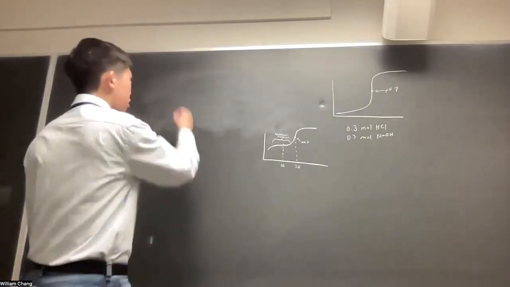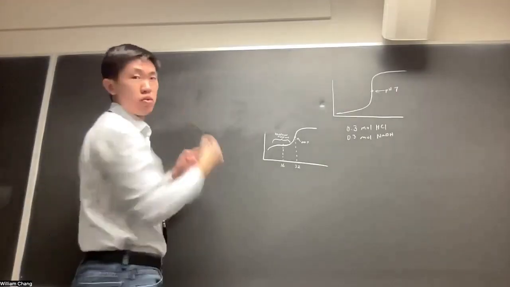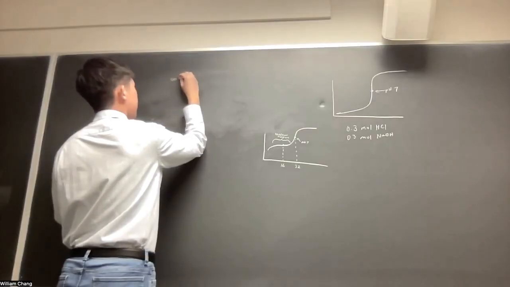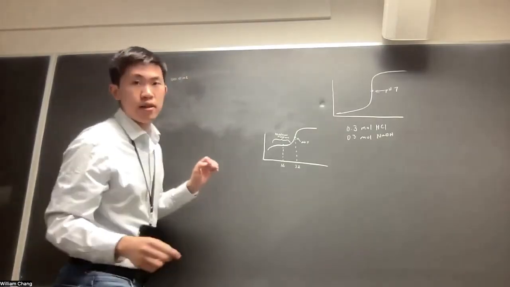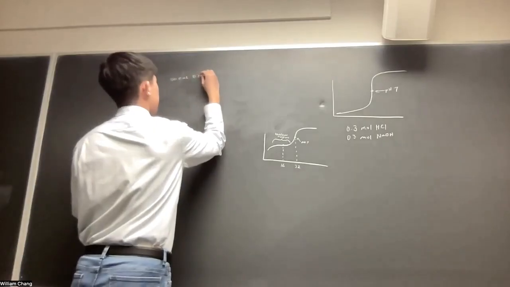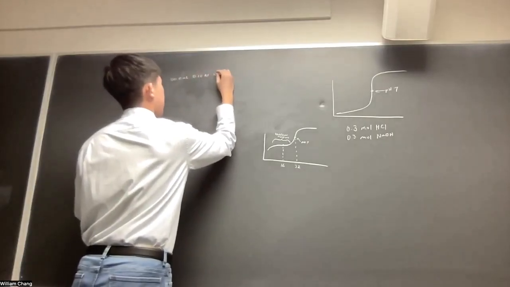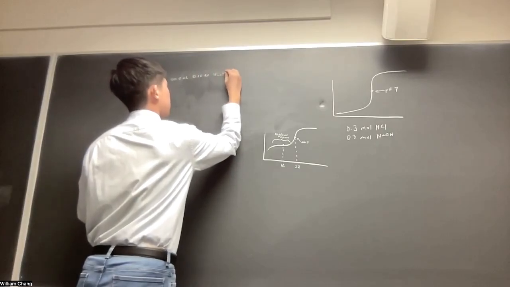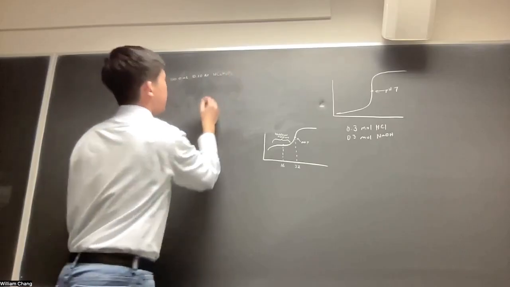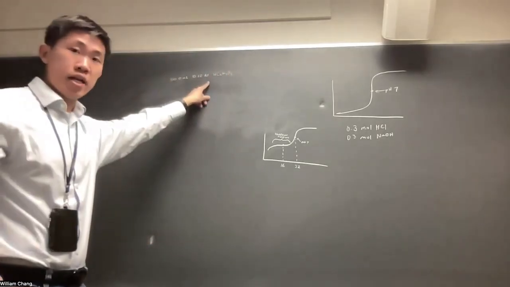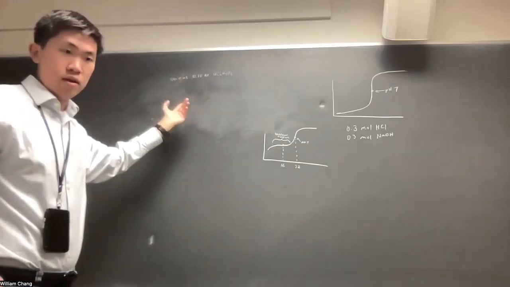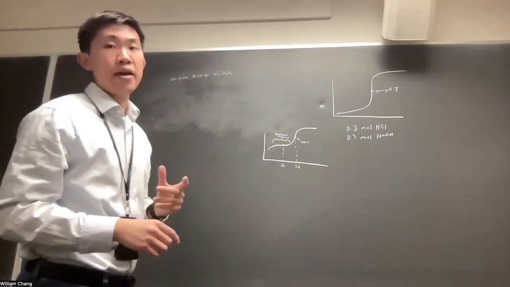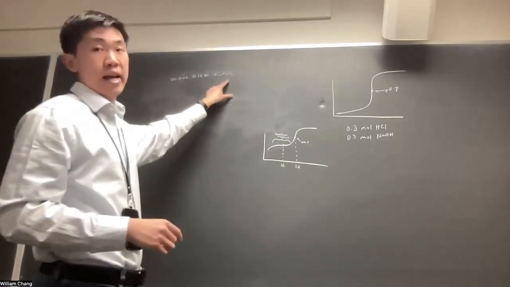All right, let's start by writing down the information that the question gives us. So you have 50 milliliters of 0.10 molar acetic acid. Acetic acid is found in common table vinegar. It also gives you the Ka of acetic acid.